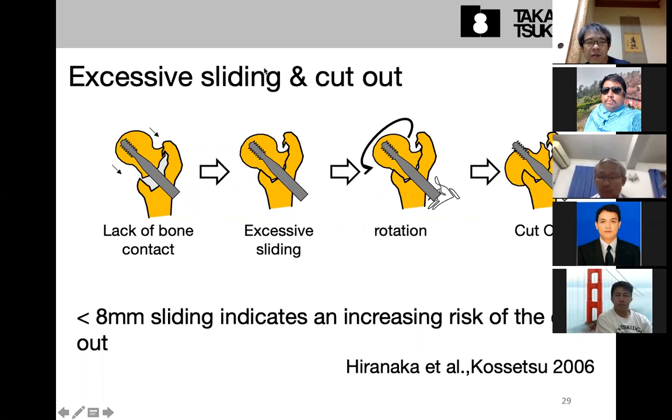Because in Japan, there are so many orthopedic patients and bone is very fragile, it is easy to break and easy to cut out. So cutout is a serious problem, especially for aging countries. So we are very focused on the mechanism and the prevention of cutout.